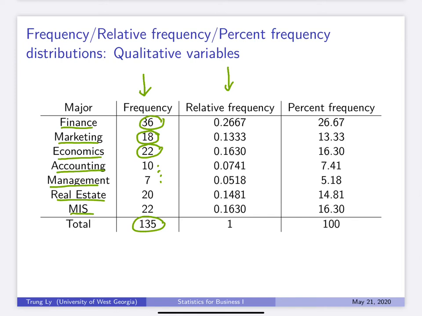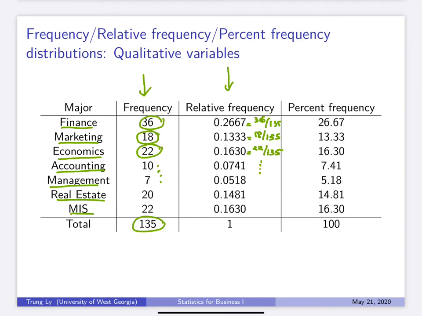So 0.2667 is just 36 divided by 135. 0.1333 is just 18 divided by 135. 0.1630 is just 22 divided by 135, and so on.